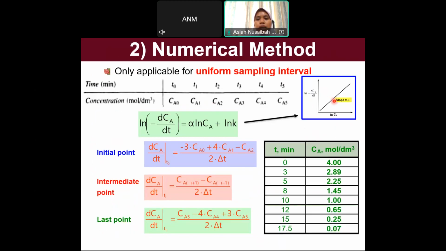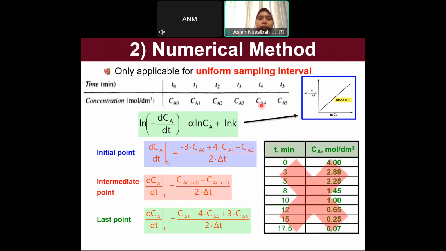Okay, so later on, we have to draw the ln minus dCA over dt versus ln CA plot, but ensure that the increment is uniform. Like our example just now, 0 plus 3 got 3 and then plus 2 got 5. So the increment is not uniform, hence our previous data cannot be used for numerical method.